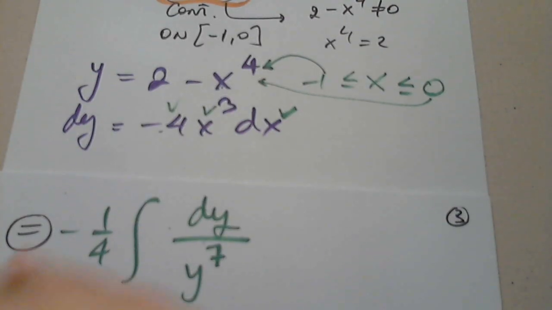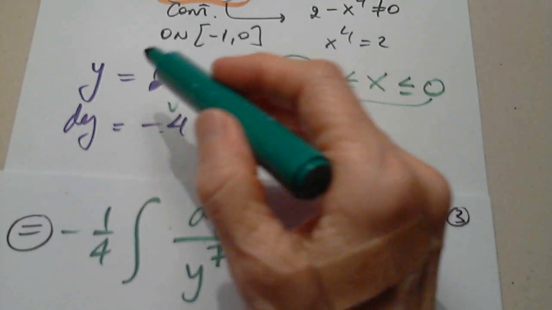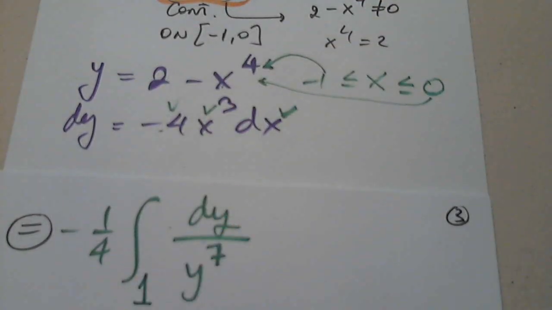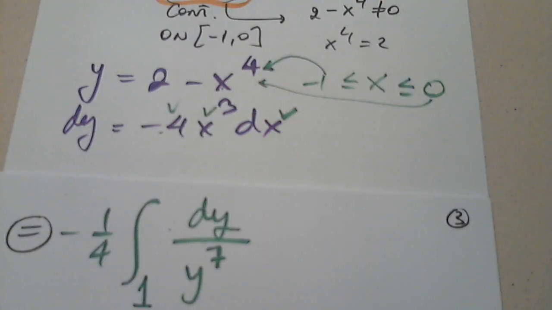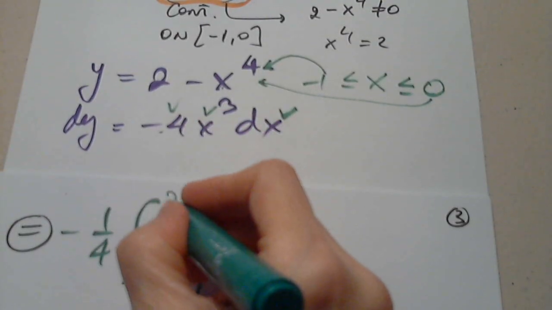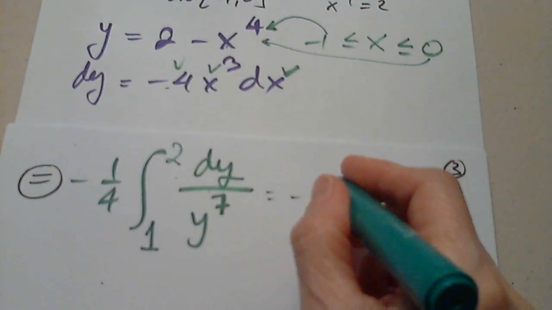Indeed, because -1 to the 4th is 1, with minus in front, -1, 2 minus 1 is 1. Good. Now we have to calculate the upper limit when we plug in 0. That's easy. Two. Perfect. I know this is very easy.